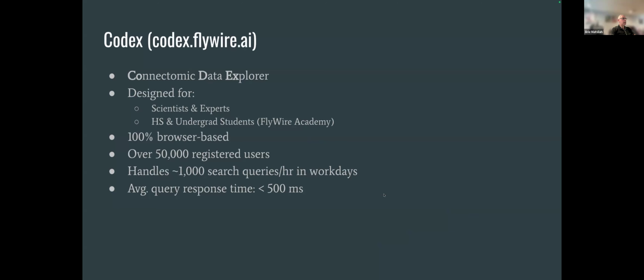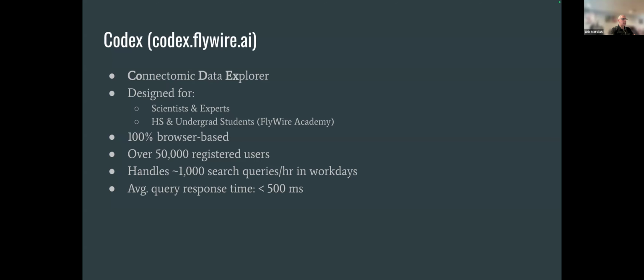The topic of this presentation, the Codex, is a data explorer for connectomes. It is designed for the stage where the connectome is fully reconstructed or close to fully reconstructed, and it is designed for anyone from scientists to high school students through our program called Flywire Academy.